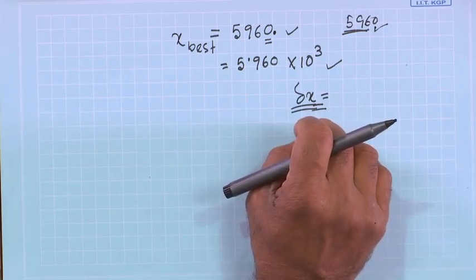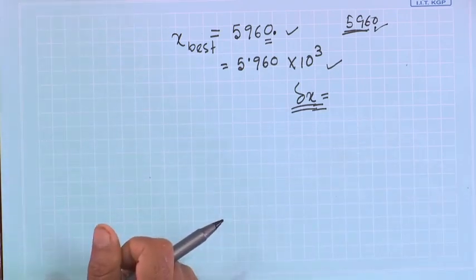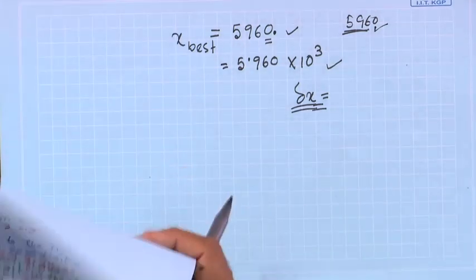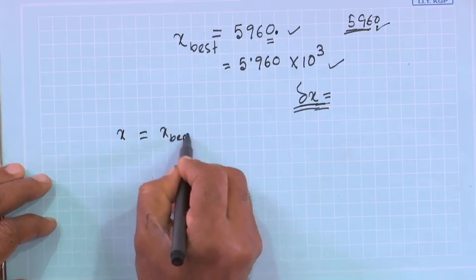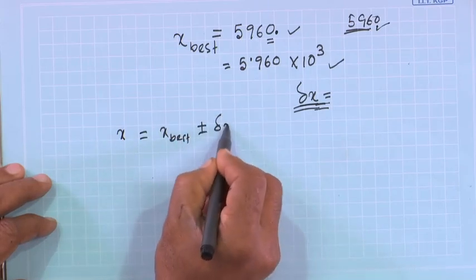And then, when you have written your result considering the significant figures as well as taking care of the error delta x, your result is expressed as x equals x best plus minus delta x.